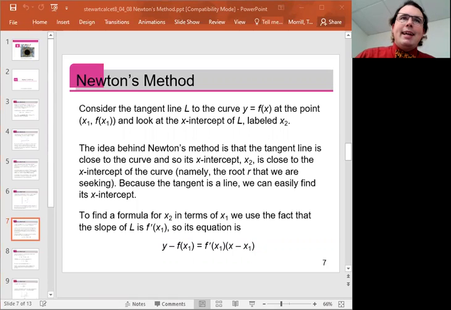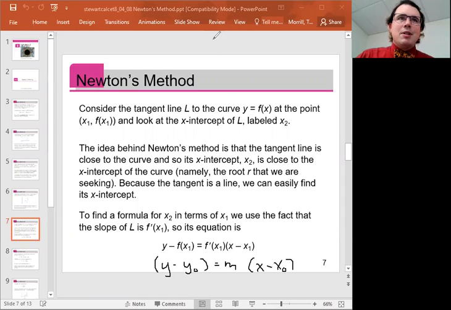So what is this formula telling me? Here I have my variable y minus the particular y coordinate that I want. That needs to be equal to the slope of the tangent line times my variable x minus the x that I want.